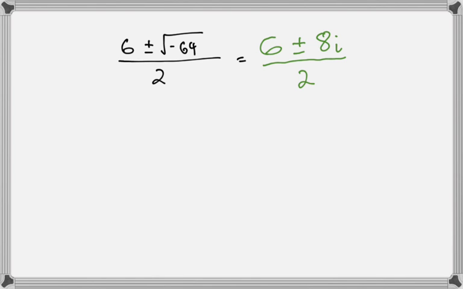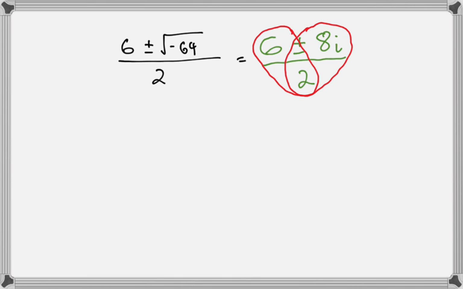Now we're not done yet. We have to reduce even further. Let's make a little heart out of it since Valentine's Day is coming up. Each number on top has to be divided, if we can, by the number in the denominator. Looks like a heart.